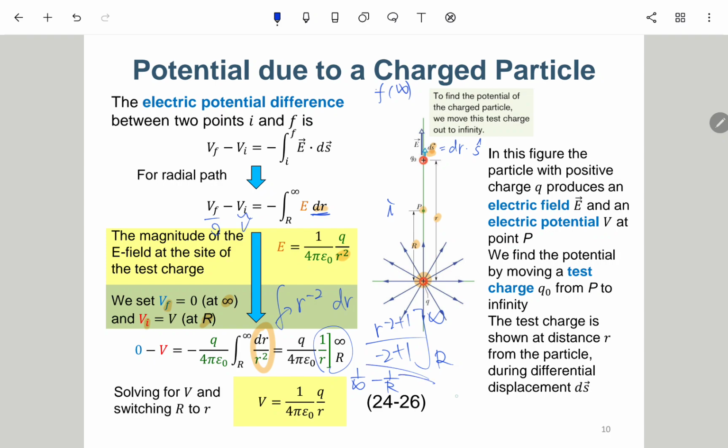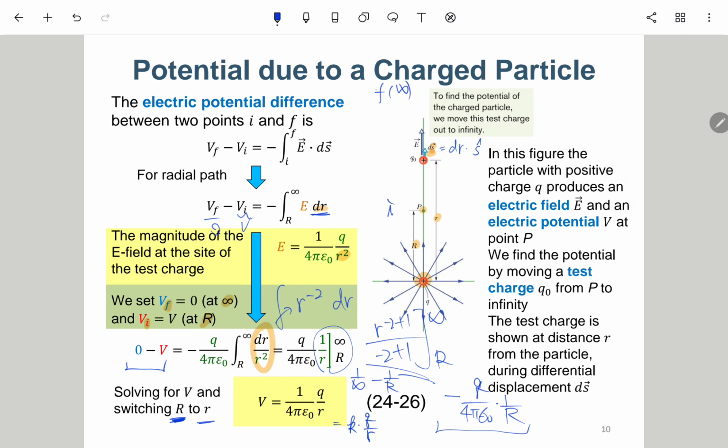This becomes negative q over 4 pi epsilon naught times 1 over capital R. So negative V equals negative kq over R. Finally, we switch capital R back to small r, just for notation. The expression becomes V equals k times q over r.